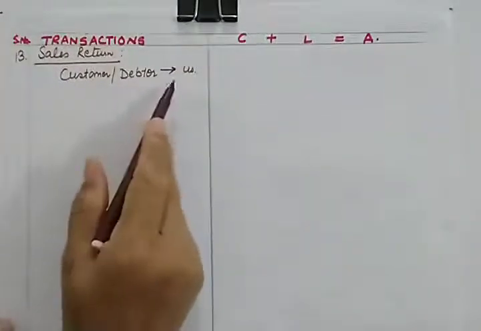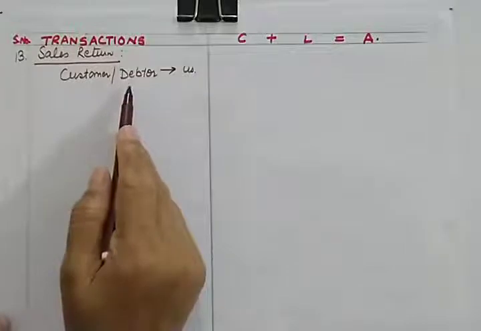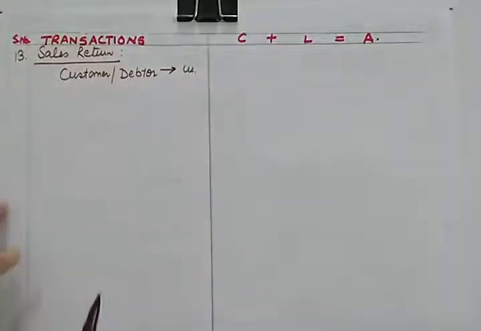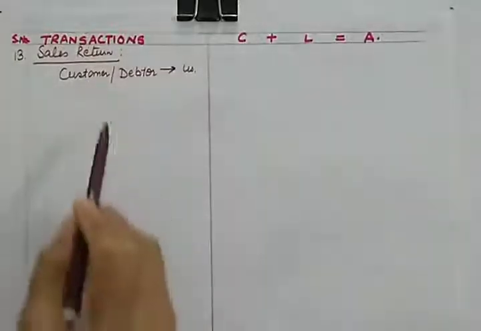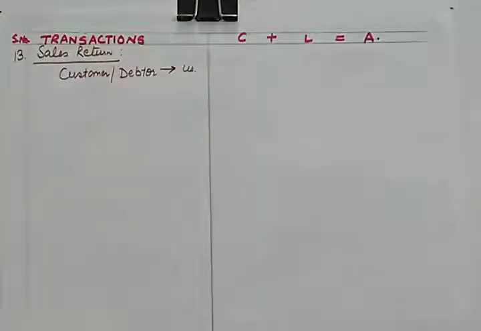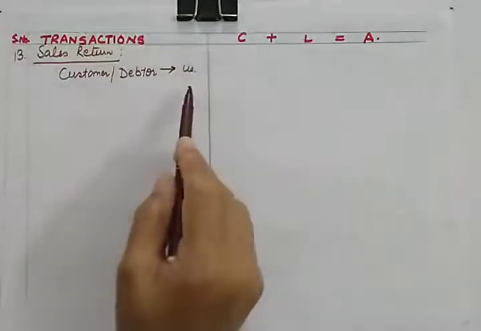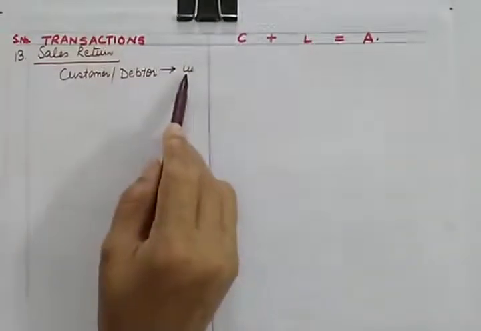So why is the customer returning? The reason can be the same as what we did in case of purchase return. The goods may not be as per the specification or not as per the sample, color, or there are various issues: color, price, quality. The issue can be any, but the customer is returning goods to us.